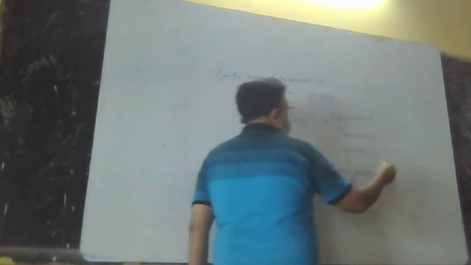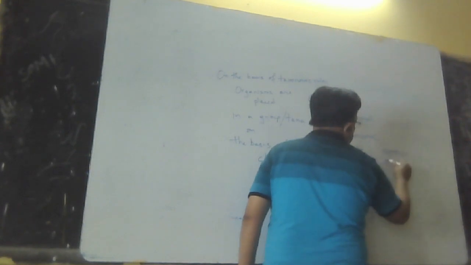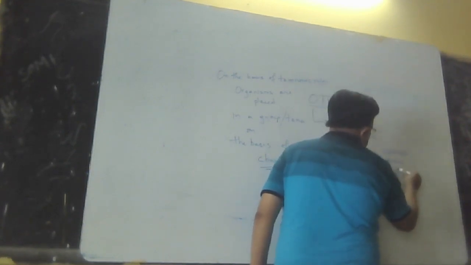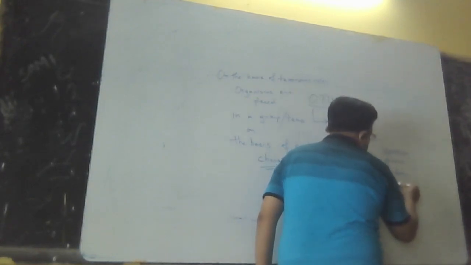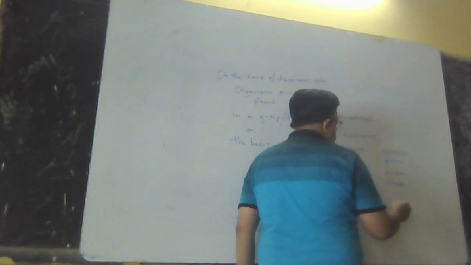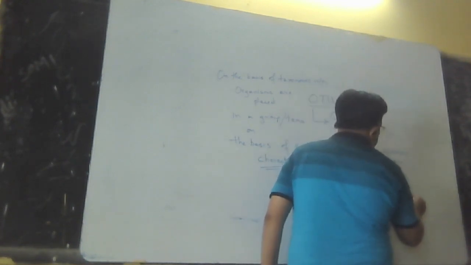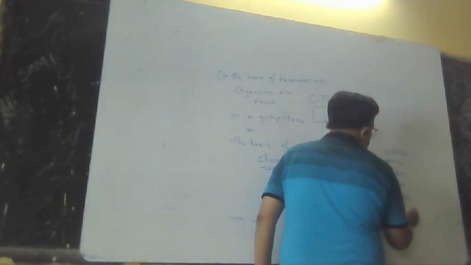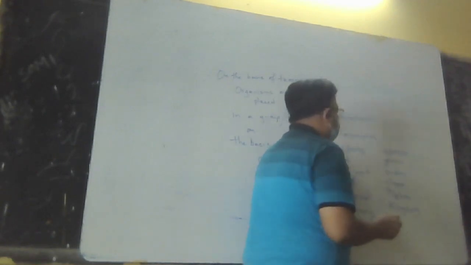And this could be a species, it could be genus, it could be order, it could be class, it could be phylum, it could be a kingdom.